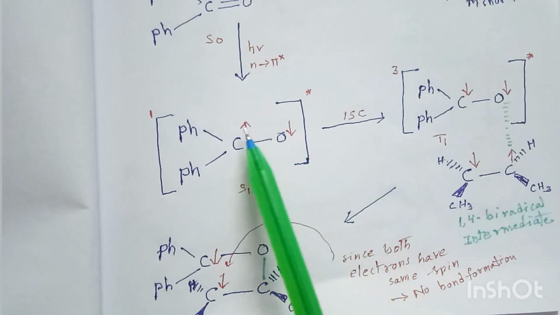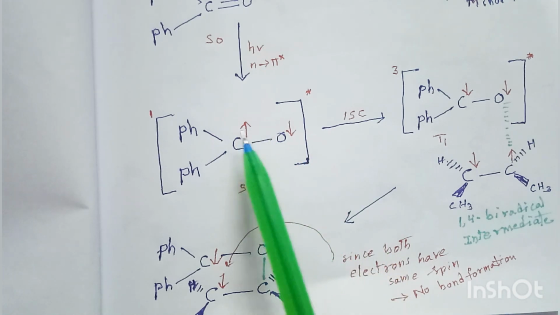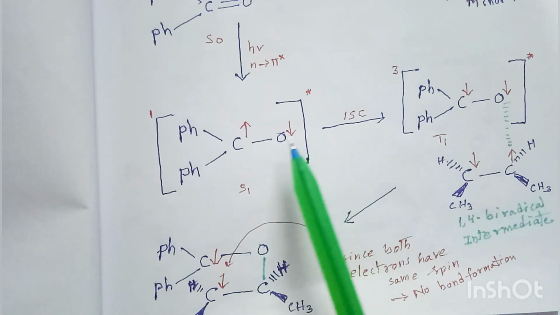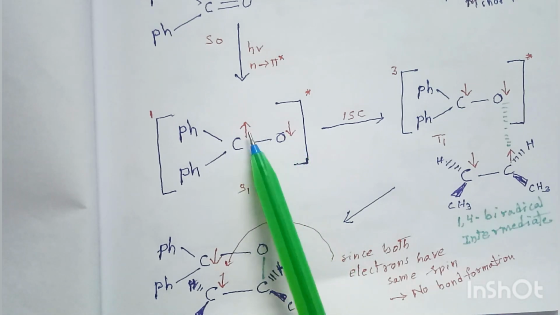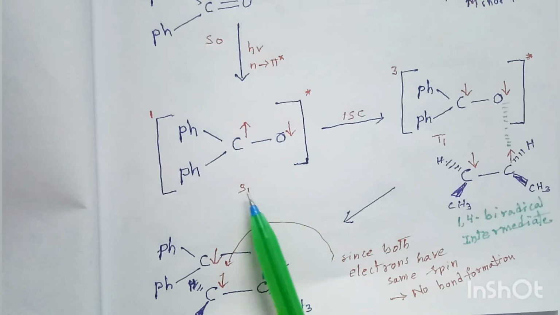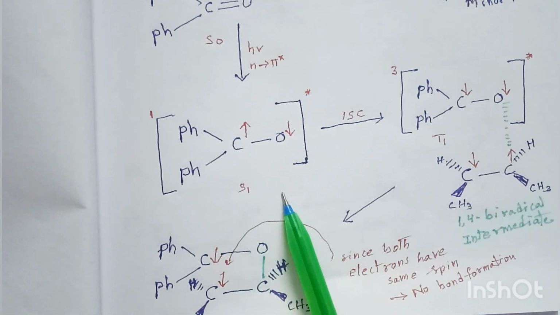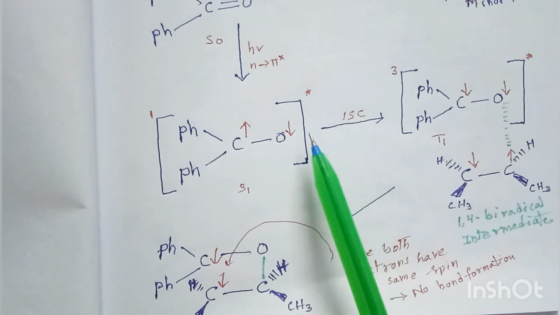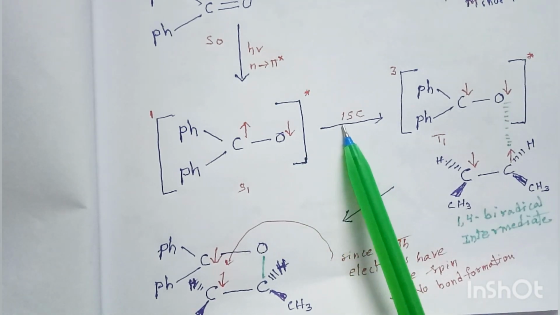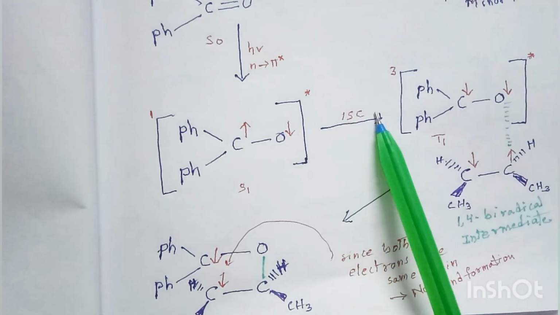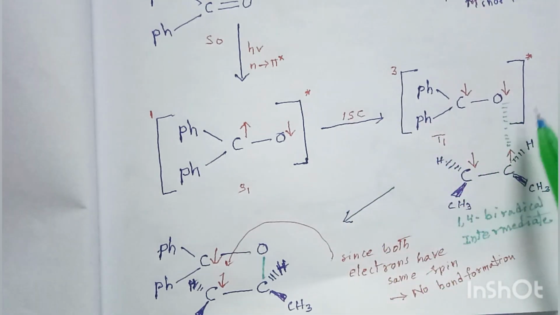We know when a bond is formed, two electrons are involved, so the two electrons will have opposite spin. Now these two electrons are separated, but they are still in opposite spin. So this is the singlet excited state. Then, through intersystem crossing, the singlet excited state enters the triplet excited state.